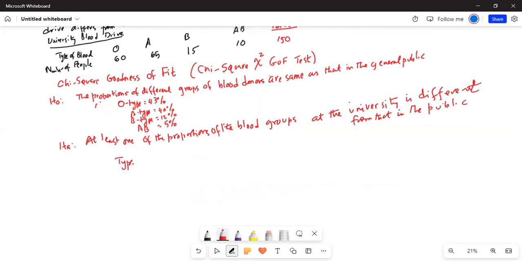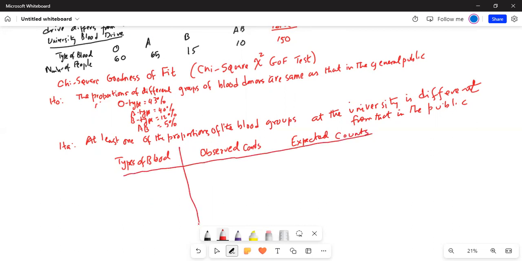types of blood, observed and expected. So these are the observed counts, and these are the expected counts. So basically, I have a table with 3 columns.